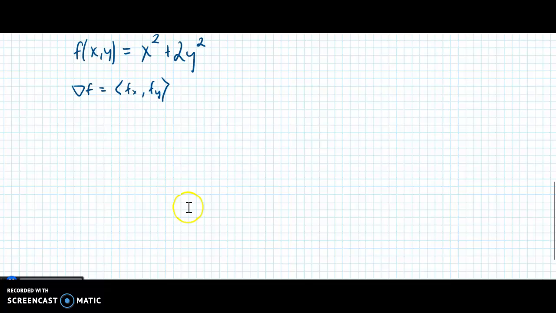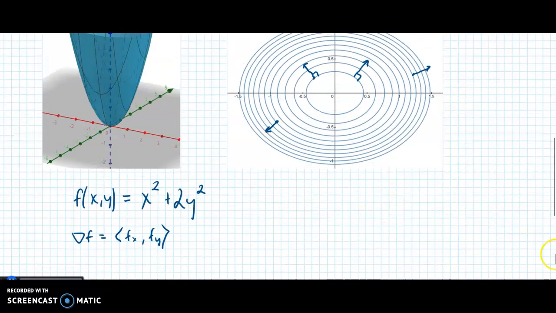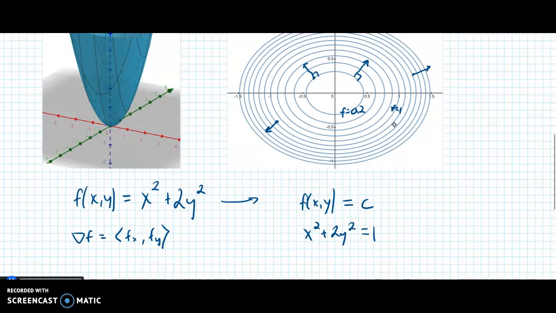So what we're going to start with is what actually are these contour plots? Remember, this was f equal to 1, right? And this was f equal to 0.2. Those contour lines are actually just when I take this f of x y and I set it equal to a constant, right? So for example, this one right here is x squared plus 2y squared equals 1.